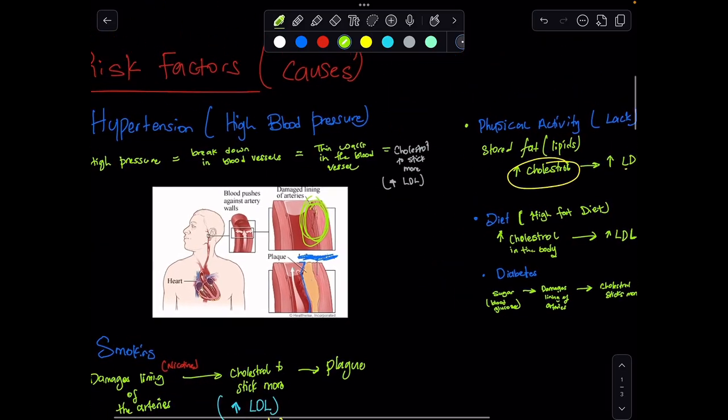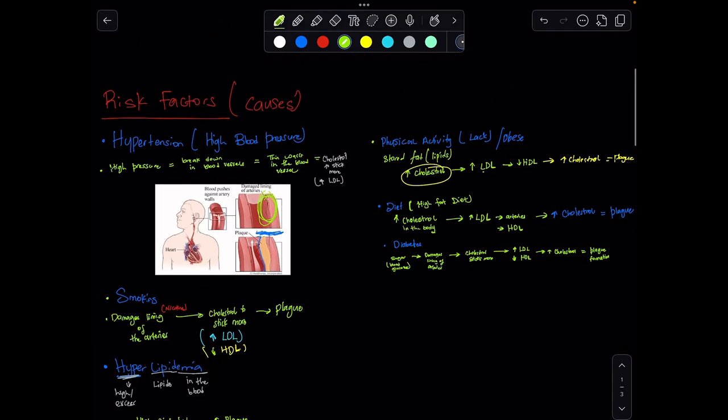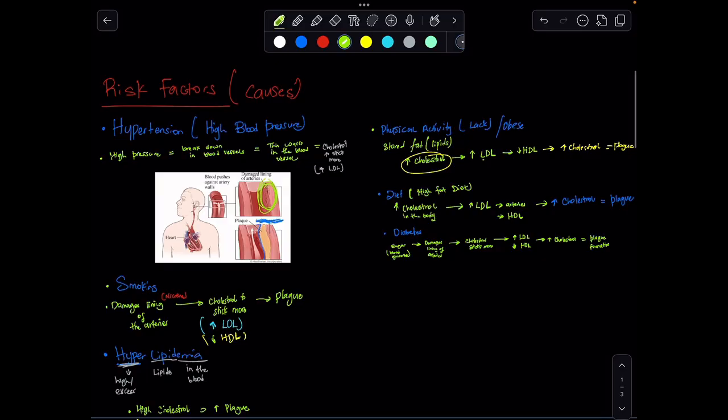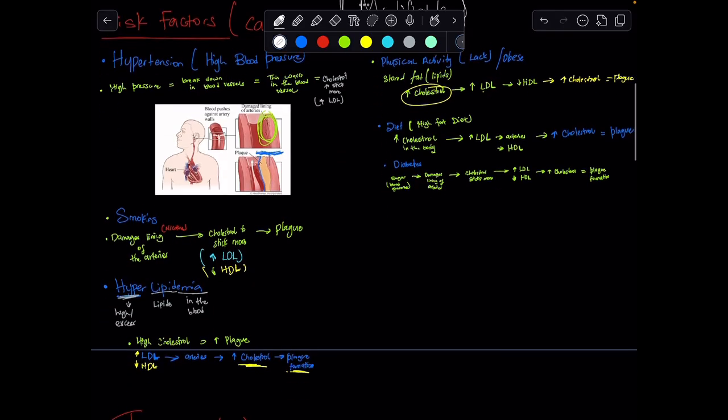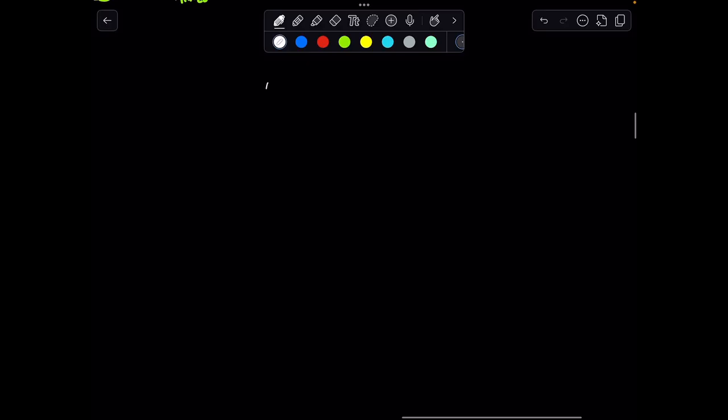But guess what, guys? That was just one category. This was just the things you can change, modifiable. So let me just put that. I think I used up pretty much all the colors here. So these are all modifiable. You can change them. Now let's just focus on a few non-modifiable.